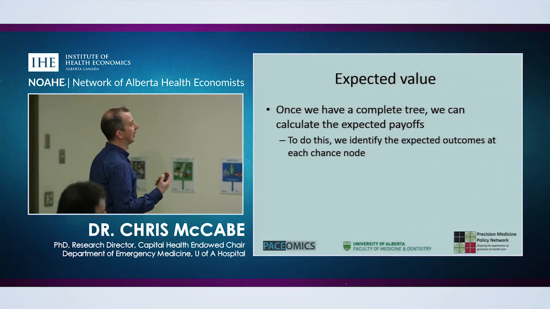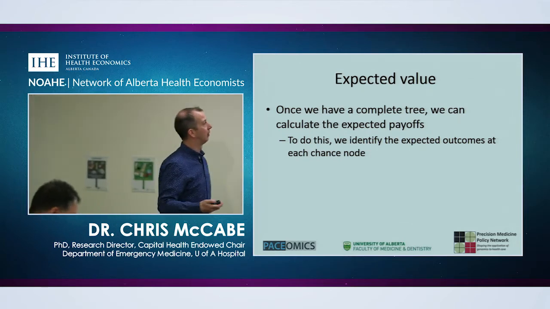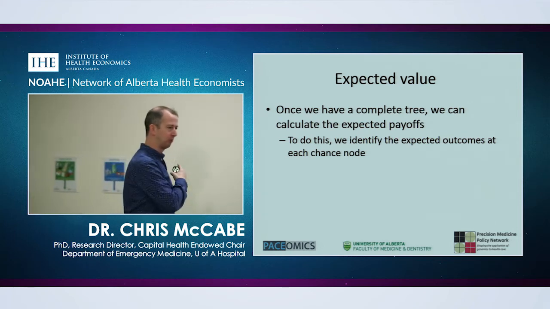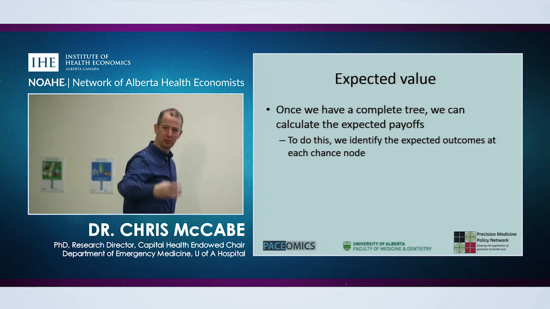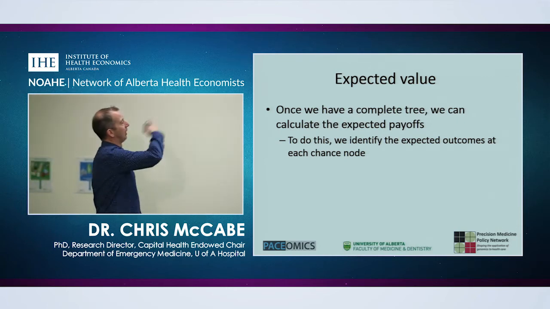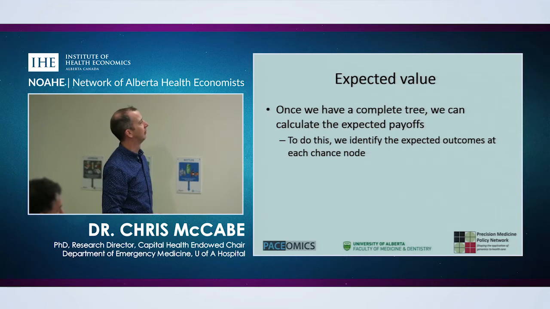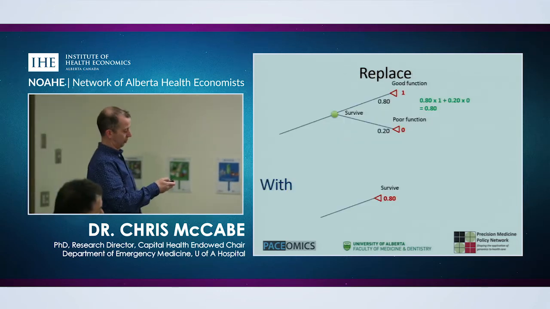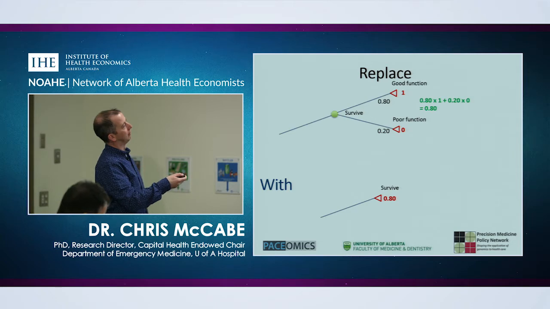Once we have a complete tree like that, we can calculate the expected payoffs, which we basically do by walking backwards along the tree. We read it out from right to left, and we solve it, in essence, by going from right to left rather than left to right. So our expected function, we have 0.8 times 1 plus 0.2 times 0. So the expected payoff is 0.8.